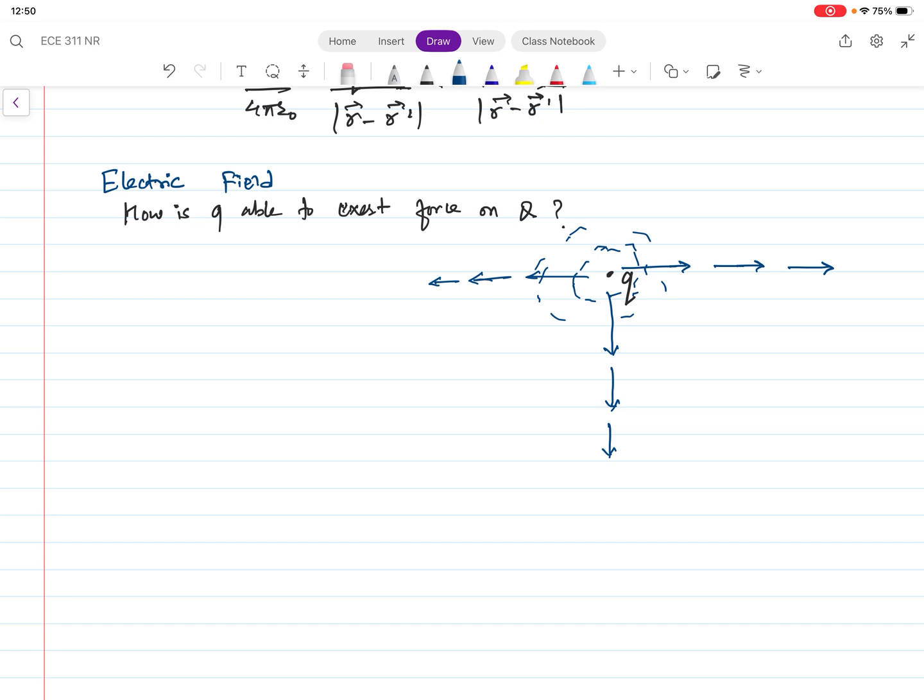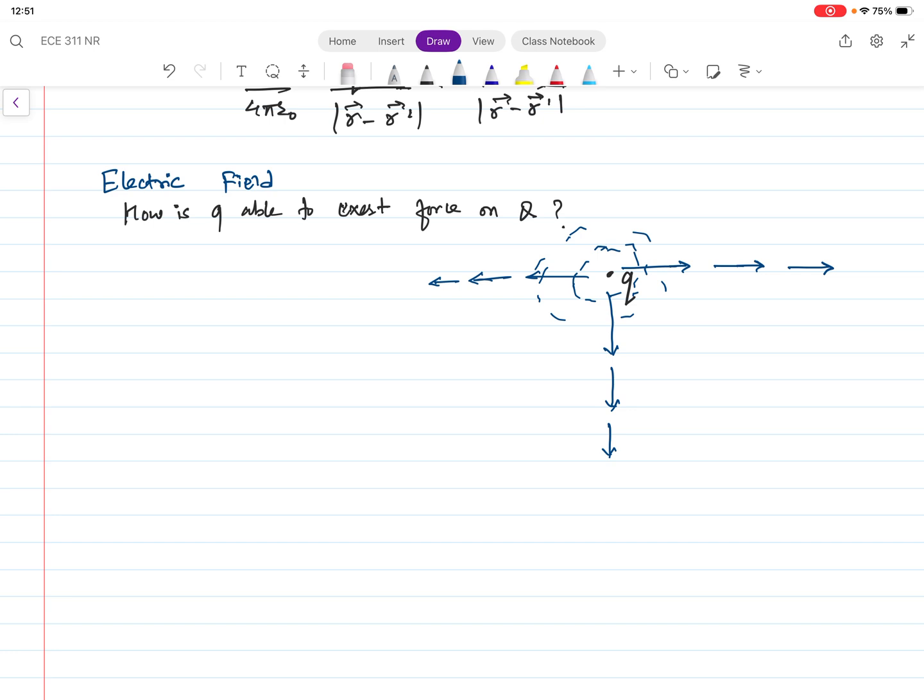So field theory states that a charge exerts electric field around itself, and if another charge is within this electric field, that test charge experiences a force.